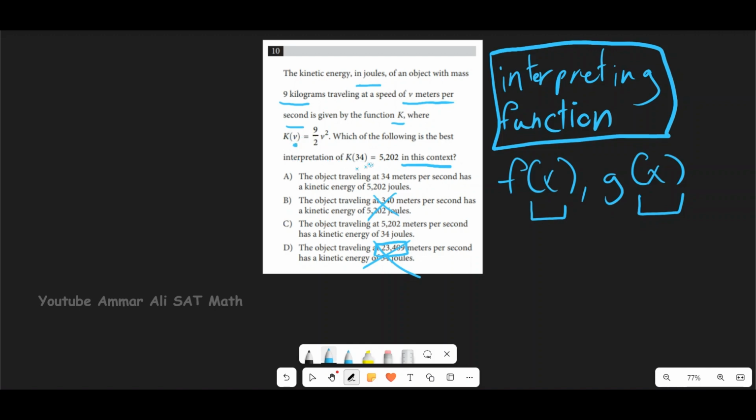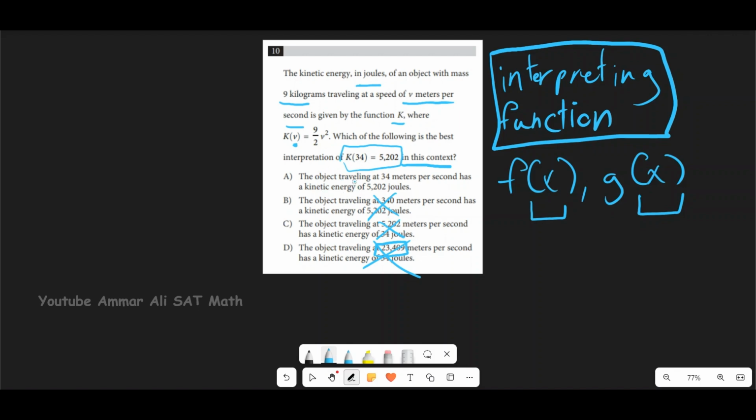Based off of the equation they're giving us, we see that 34 is the input. And what is the input? The meters per second of the object. So this would instantly be wrong because we know that this input is not 5,202. This input is 34. So C is also wrong.